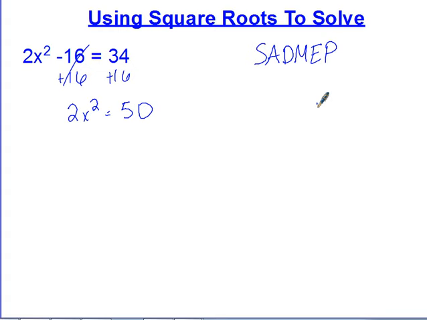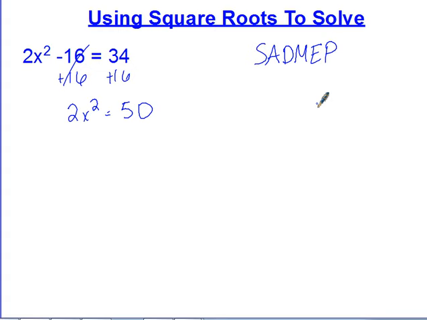Not what it stands for. Order of operations. It's the order in which you do things, right? PEMDAS is your order of operations. SADMEP is your order of solving. It's the order in which you undo things. Does that make sense? So wouldn't it make sense that it's backwards?